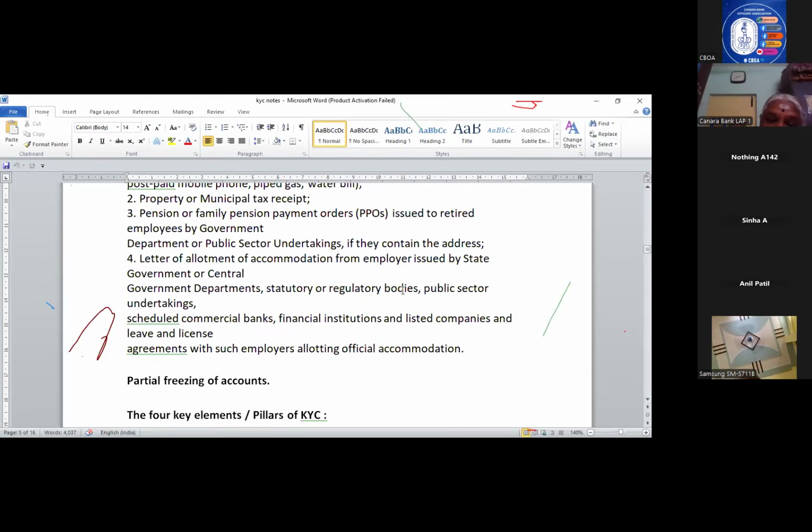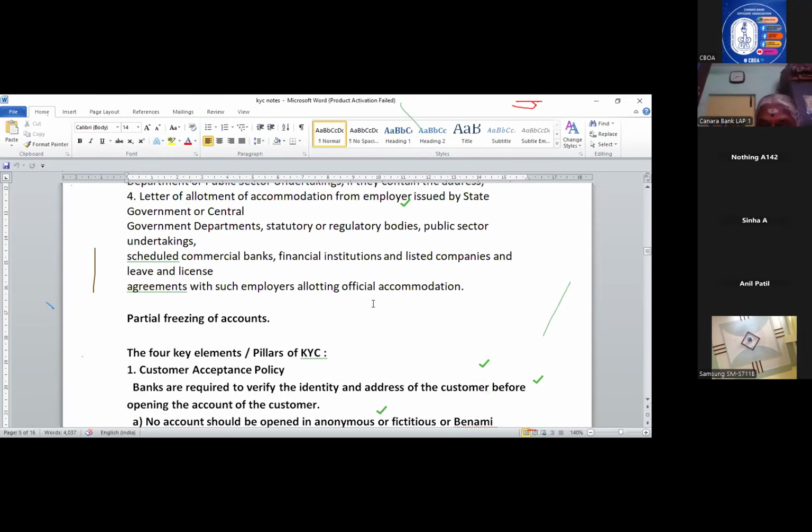And after that, automatically the account will be blocked. You will find this in the branches, some accounts with debit blocked, credit blocked. So many customers will come to you with this type of complaints. Then you can find out whether they have submitted the proper OVD. If they have not submitted the proper OVD, you can ask them to submit it so that the accounts can be rectified, and the partial freezing can be removed.